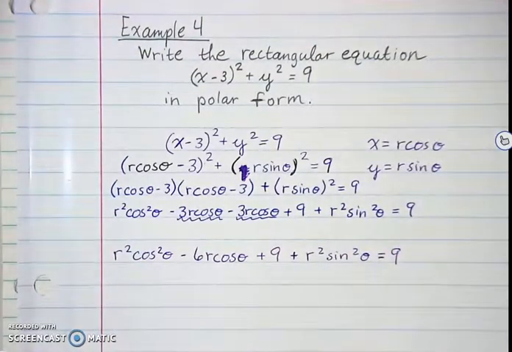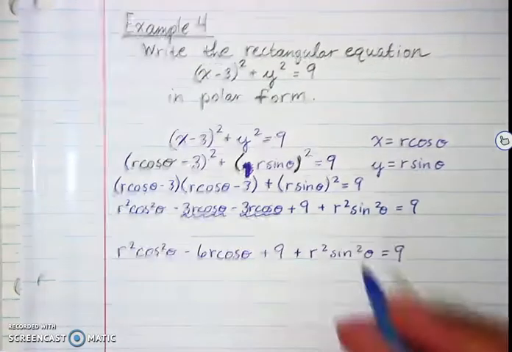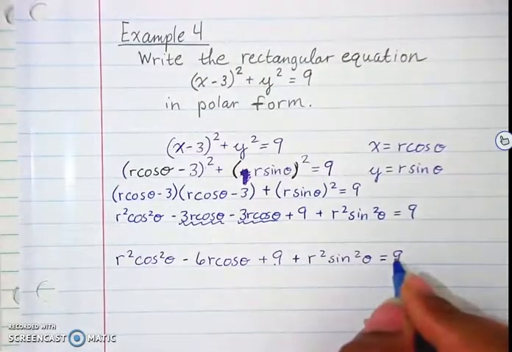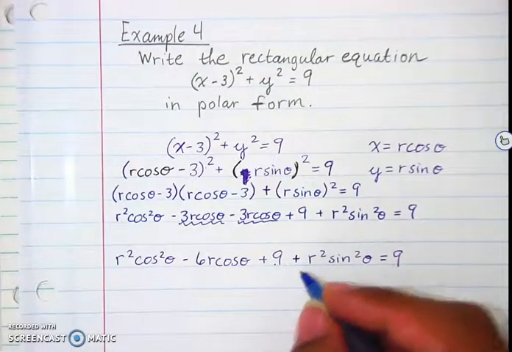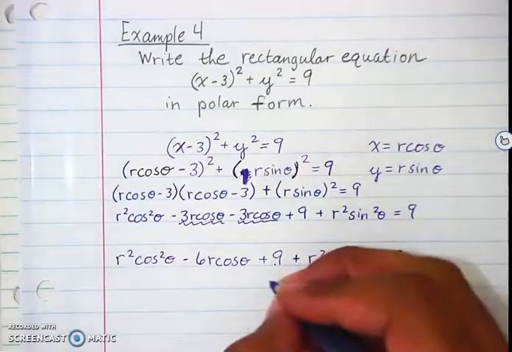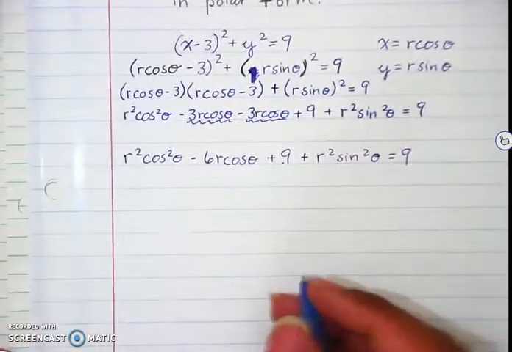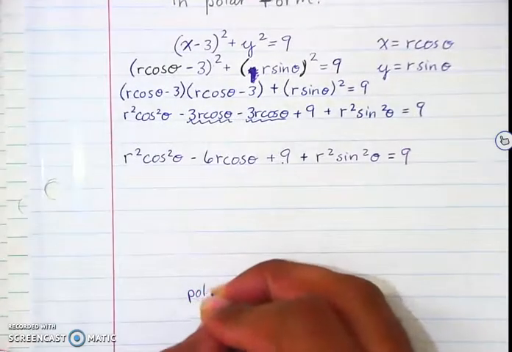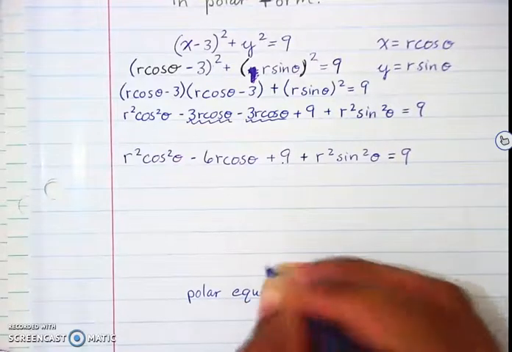Now the other part we can do is start simplifying and see if we can get things to cancel out. Here we have a +9 on this side and a +9 on the other. Let's get that on the same side so we can simplify, because our goal is to get r equals. Remember, when it comes to polar equations, we'll write this down at the bottom, so give yourself a lot of space there.